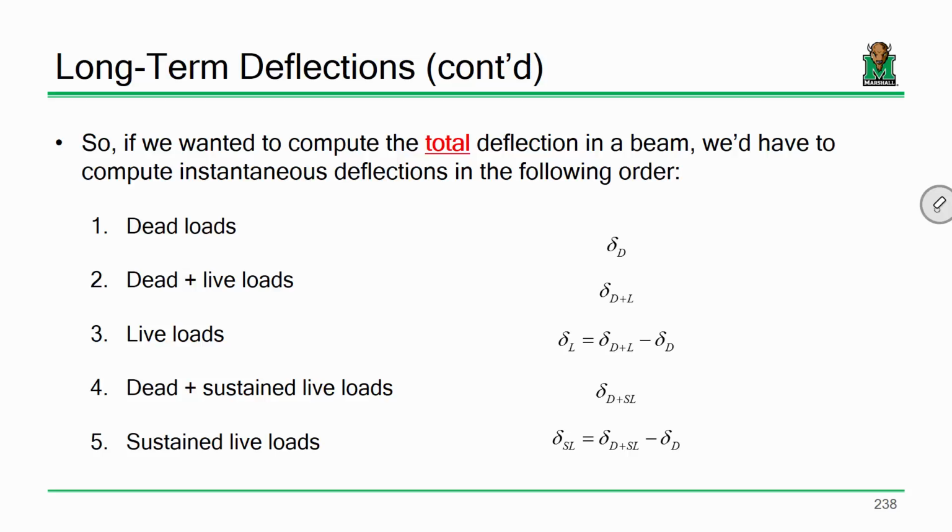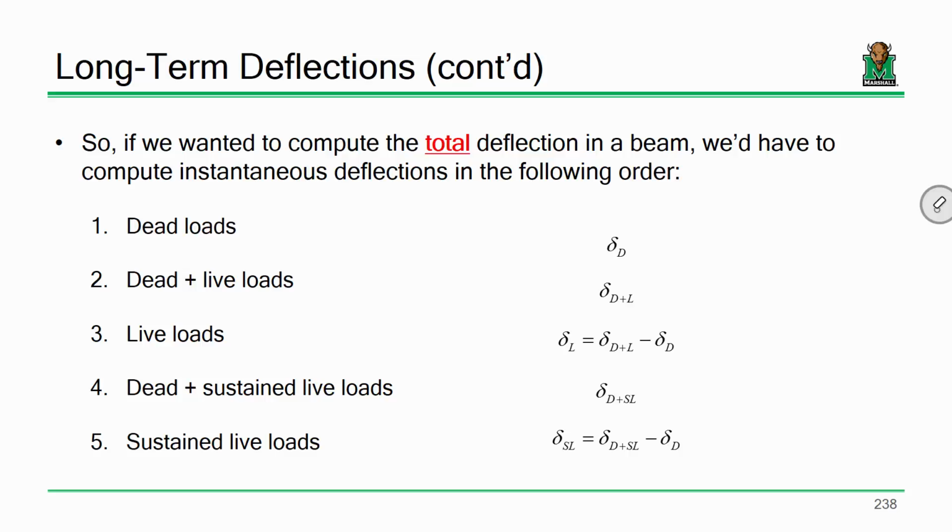Okay, so let me sort of briefly lay out how you would fully assess long-term deflections in a beam. So you've got to compute a few different deflections, and I apologize, but once you get your cracked moment of inertia, your cracking moment, your gross moment of inertia, a lot of this is pretty tabularized. It's the same formulas over and over again.